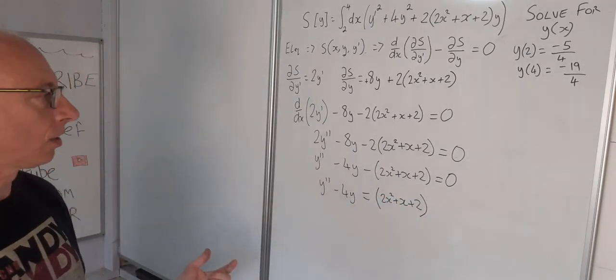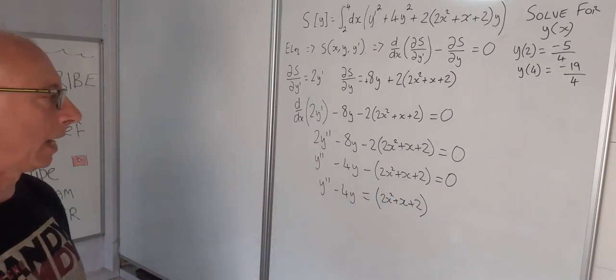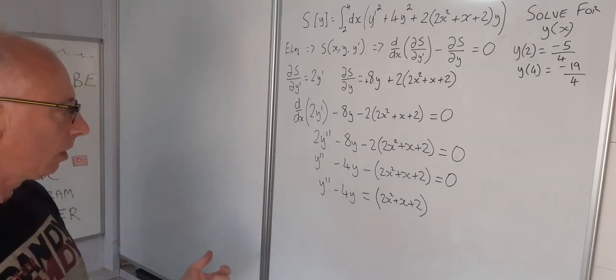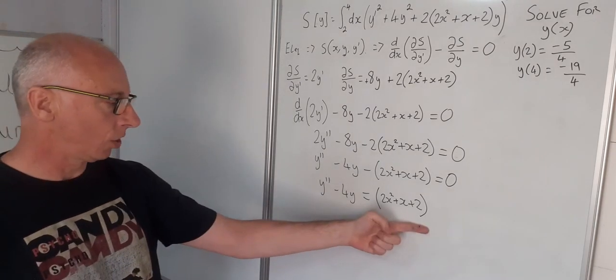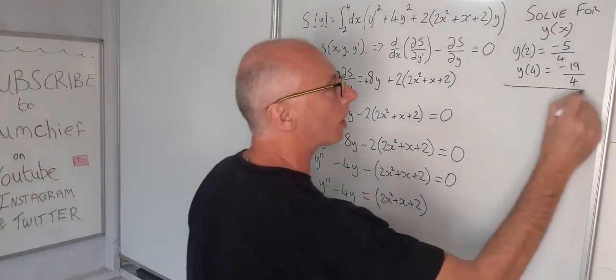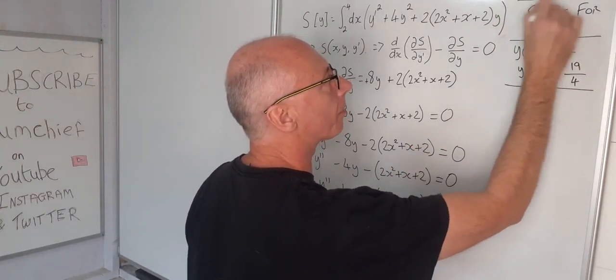So now we've got a second order differential equation in that format. There is a way we can use to solve this. I'm just going to write this up here underneath these boundary conditions.